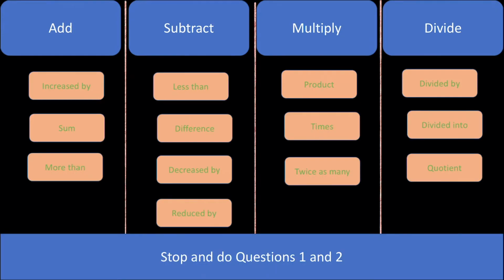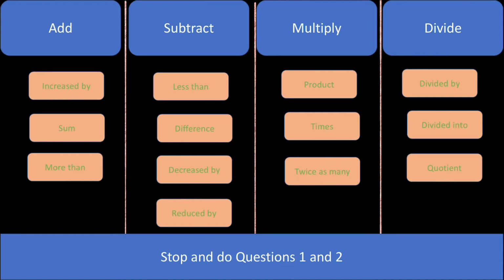Okay, so looking at how these are divided up, let's just double check and make sure that you've matched them up correctly. So for adding, you would expect in a word problem to have something like increased by, sum, more than, those types of words. Subtract: less than, difference, decreased by, reduced by.